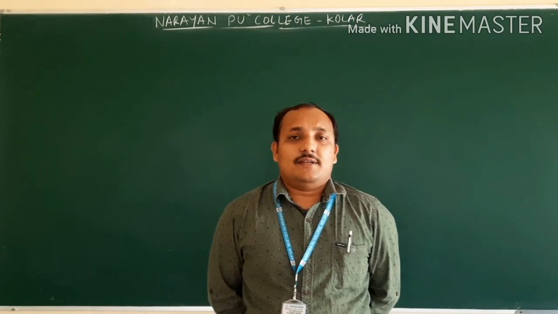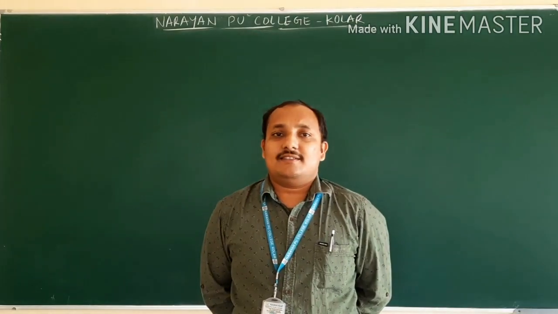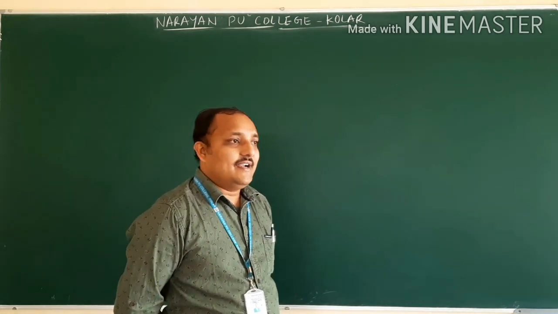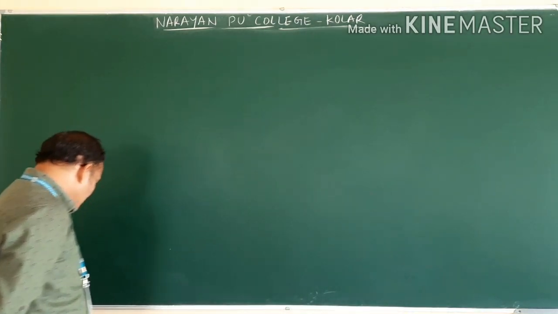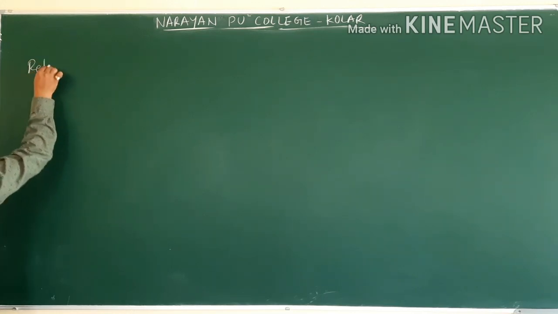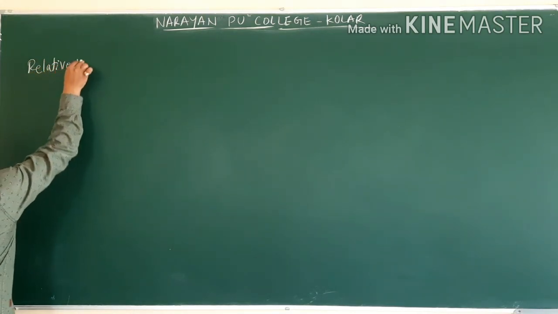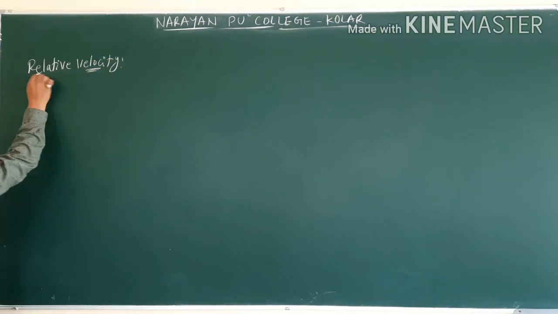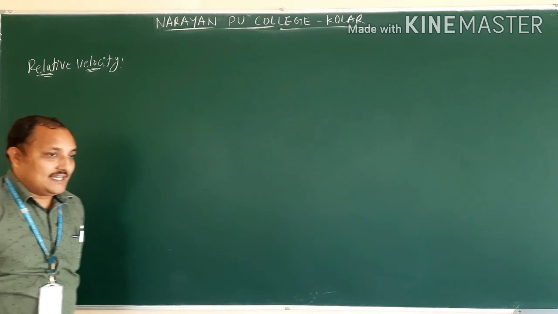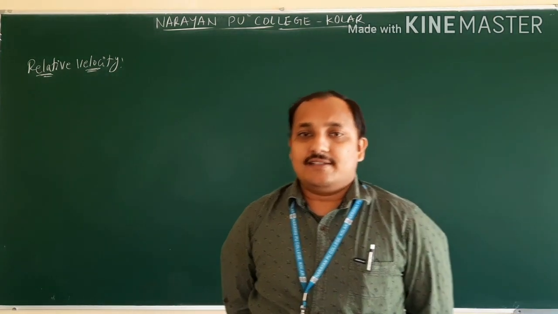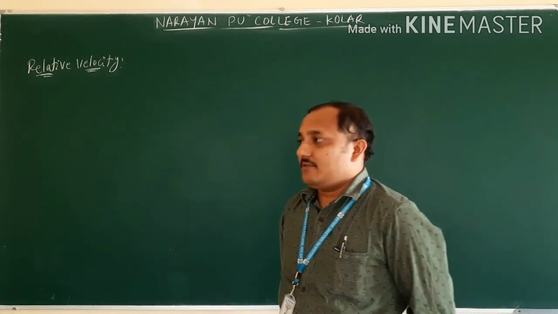So now we will discuss about the last concept of motion in a straight line, that is called relative velocity. So what is meant by relative velocity? In the name only it is there, relative. So in a classroom, for example, you got some amount of marks.